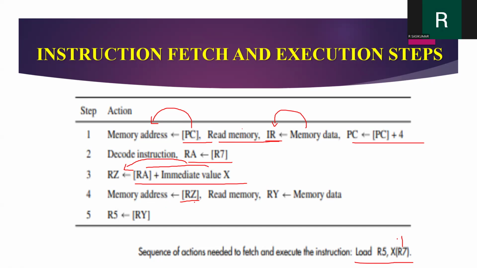Once the address is available, we need to perform the read operation. After the read operation, the respective data will be transferred from the memory to register RY. Once the data is available, the last step is to transfer the data into the register. So the content of RY will be transferred to R5.